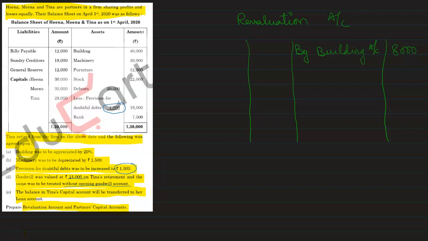Machinery is depreciated. That means machinery will be credited and the account that will be debited will be revaluation account. So on the debit side of revaluation account, we will write to machinery account, and how much? The amount by which it has been reduced. Only the amount by which it has been reduced will be entered here. Similarly, to debtors or to provision for bad debts, we can write anything.